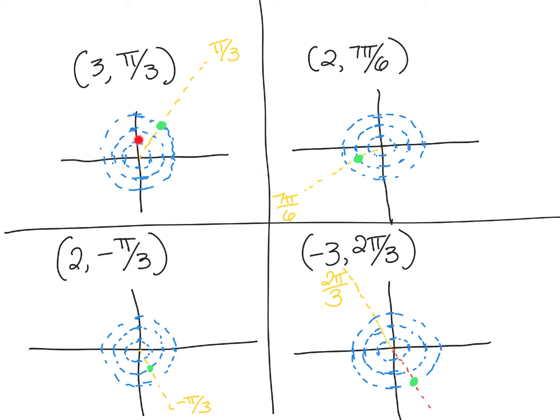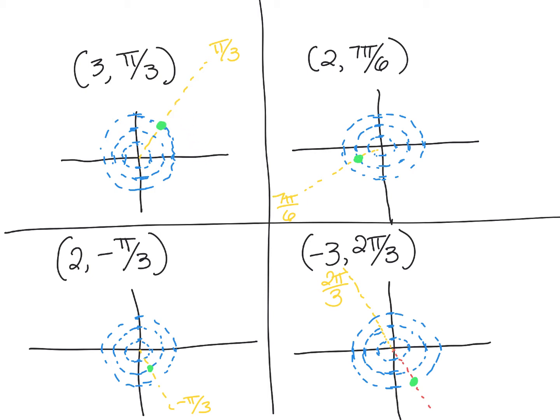But in polar, we're not using squares, we're using circles. If you imagine a circle with 3 units, you've got 3 up, 3 down, 3 over, 3 back, and your point is going to be on that circle at 60 degrees rotation.